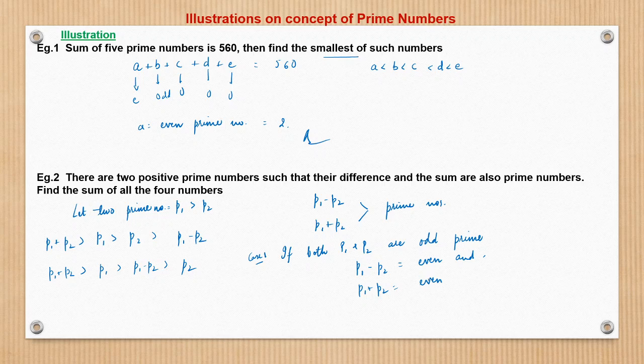So two different prime numbers and both even, that is not possible. So this is not possible, right?